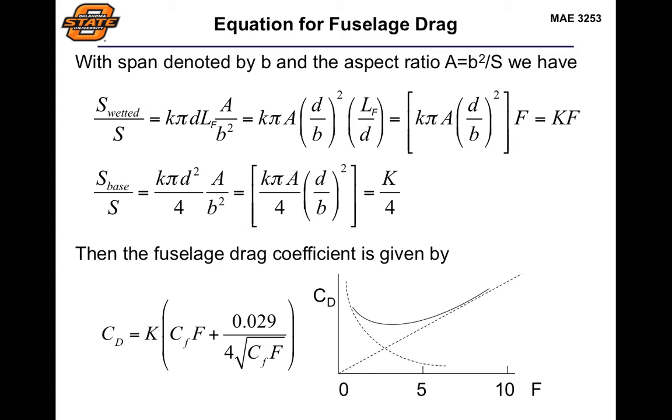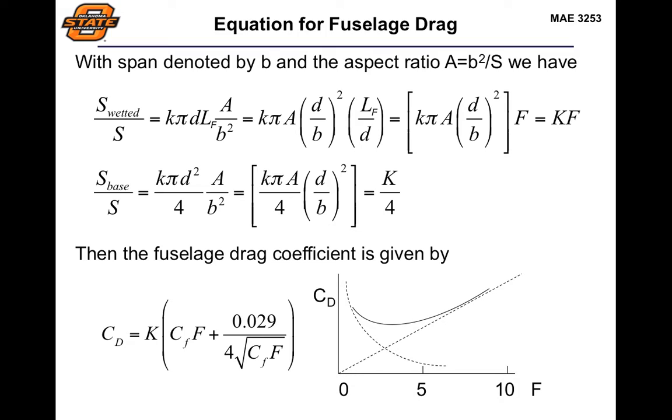And we're going to break those up into what we call the fuselage ratio, or the fineness ratio of that fuselage, and then we'll just call this a K factor, so we don't have to keep writing that all the time. And we can do the same thing for the tail cone section, or that base drag. And so these are simple geometrical relationships.